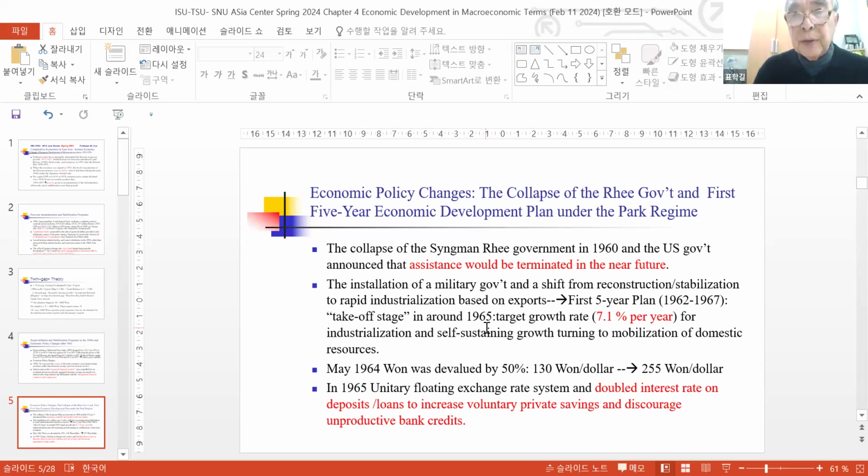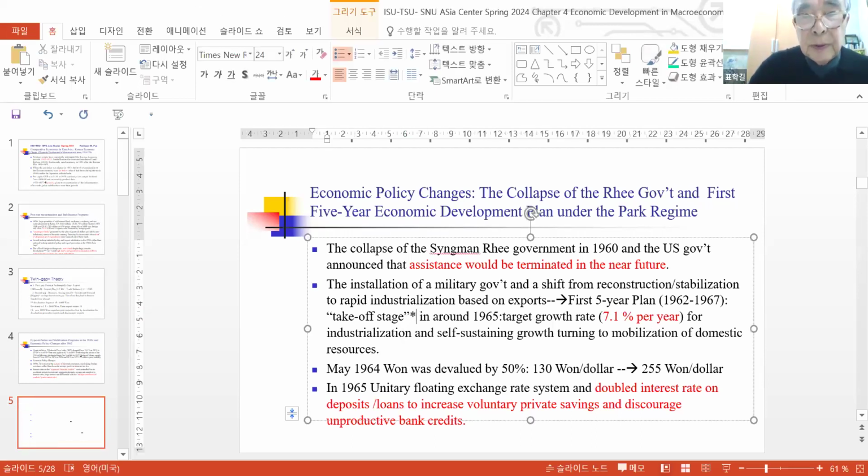Takeoff stage, what is the takeoff stage? I don't know whether I can squeeze it in. Walter Rostow, a famous US economic historian, defined this term, takeoff stage.